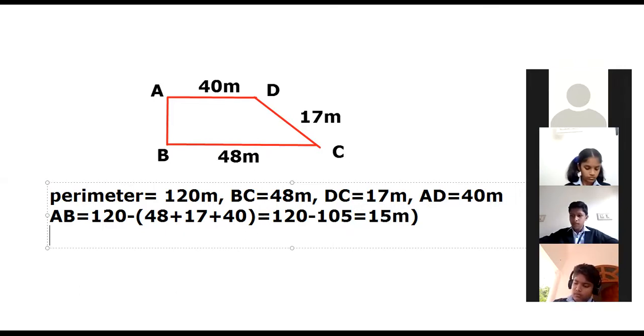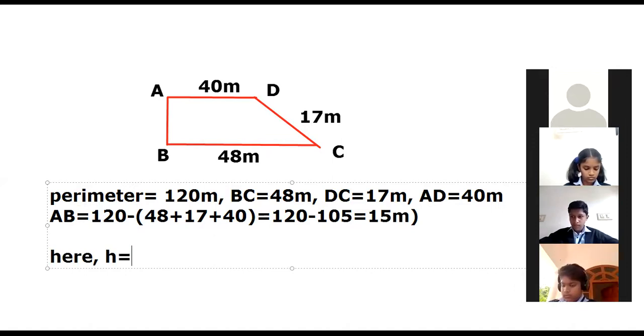Then you write, we are dealing with the trapezium, right? Here, H. Do you know H now? H is equal to AB, 15 meter. AB is the line showing the height here, the perpendicular line. So the length of AB is 15 meter. That is H. Now, since it is a trapezium, we need A. A is given here, right?